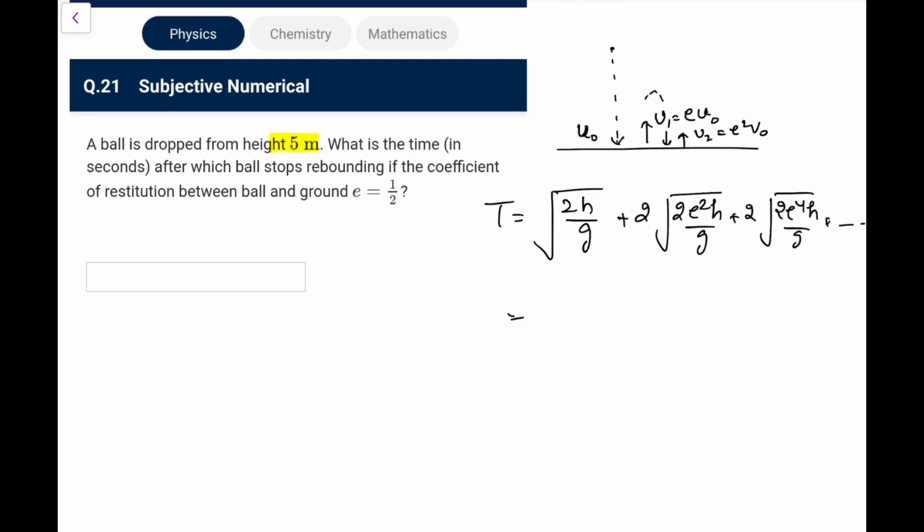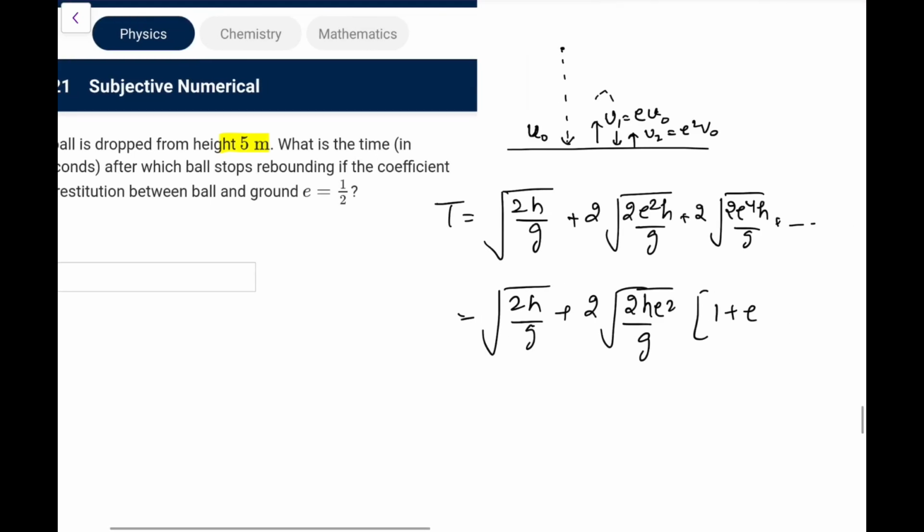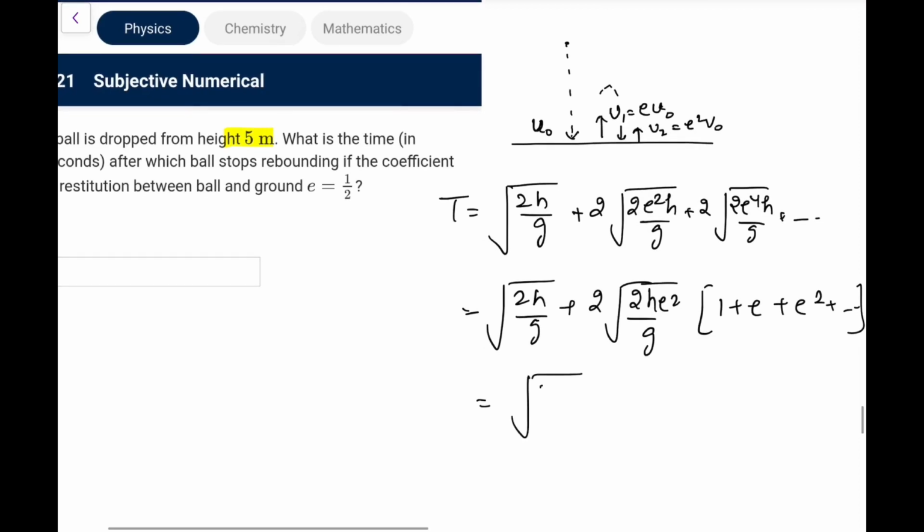And this would be an infinite GP. So I can write root 2h by g, plus 2 root 2h by g taken out as common, 1 plus e square sort of thing, infinite GP. So it would be root 2h by g plus 2 times root of 2h by g, into e upon 1 minus e.